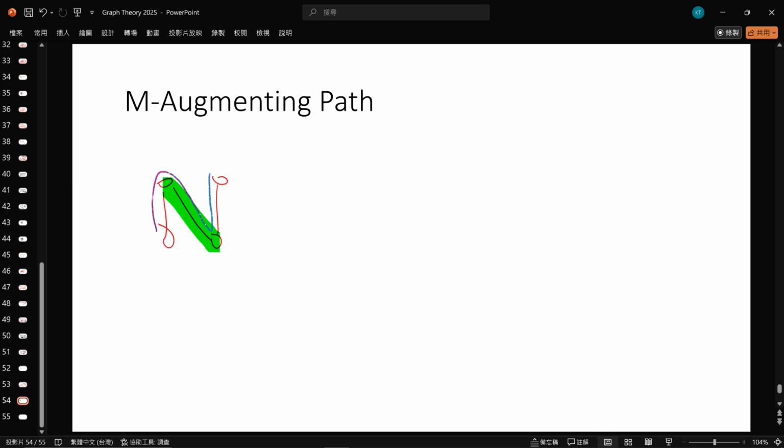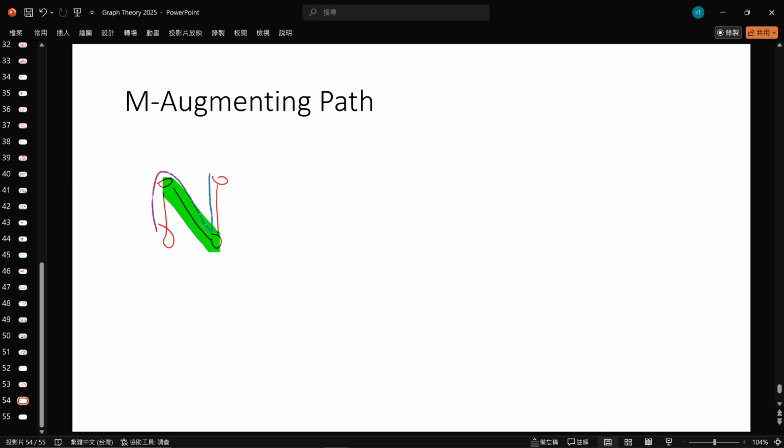In this special path, we have two properties. The first property is that this path alternates between edges in the matching that you have and edges not in the matching. So in this case, an edge is a green edge, then not a green edge, and so on.